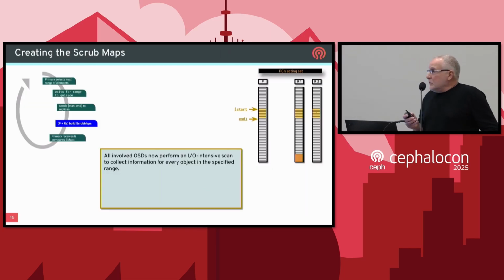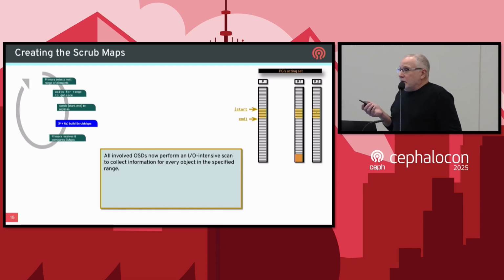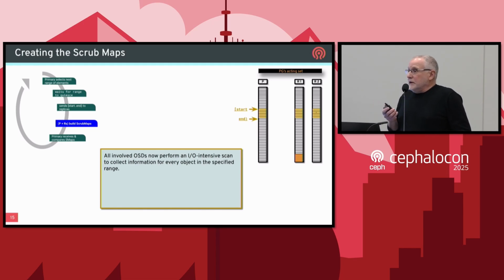So now, like I said, this is where the bulk of the work is done. The actual creation of the scrub map. This is where the I/O is done, which is what usually is meaningful. So, all involved OSDs now perform an I/O intensive scan.